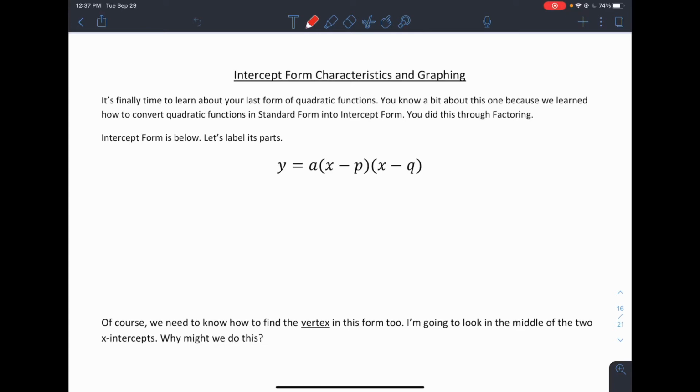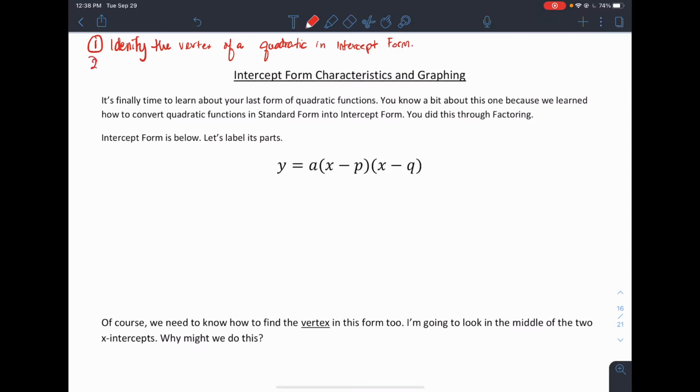Hello everybody, today we're going to be talking about intercept form of quadratics, and we're going to be talking about graphing them as well. So today we want to be able to identify the vertex of a quadratic in intercept form.